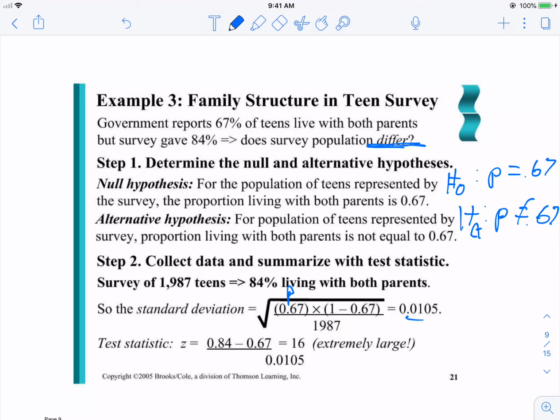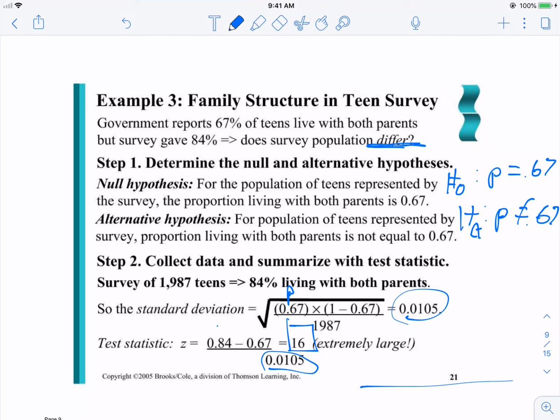This is our standard deviation measure. So we perform our z-test. Our value, p hat, 0.84, minus our null value, 0.67, divided by our standard deviation, we get 16.